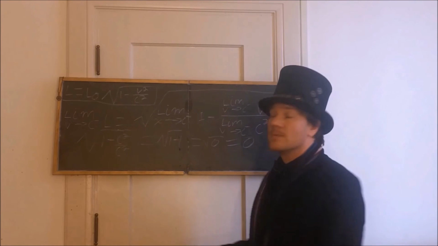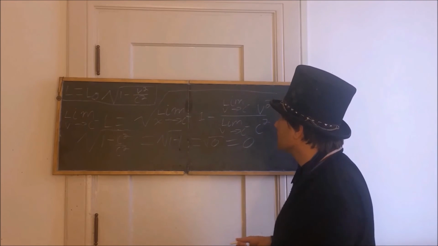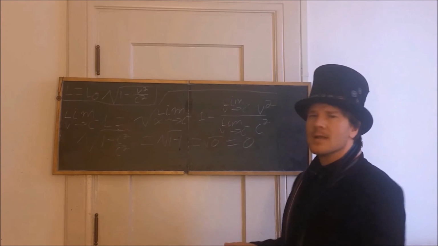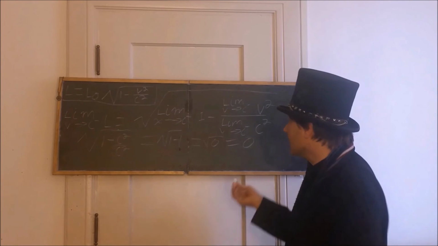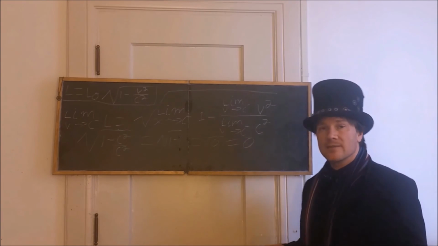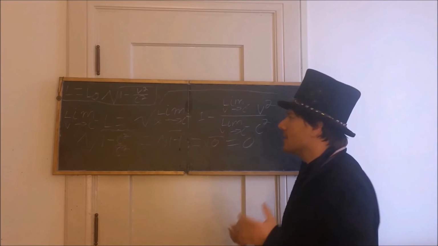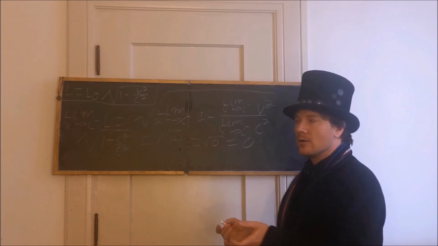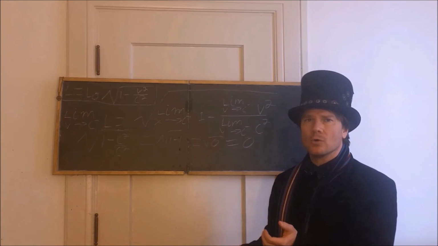So most people are aware that time is relative, but what might not be so obvious is that length is also relative when you're going different speeds. So it all has to do with how space and time are intertwined. They're two sides of the same coin.